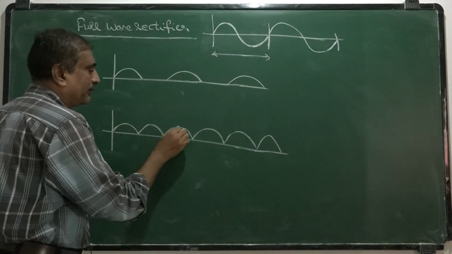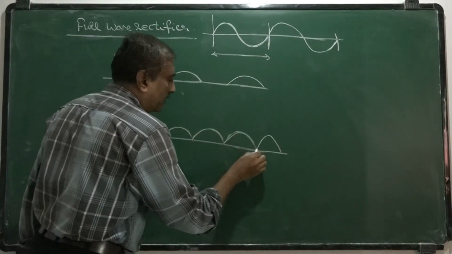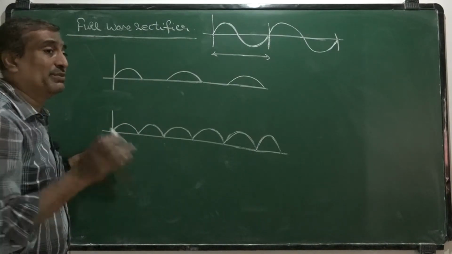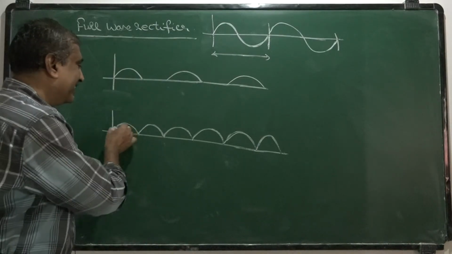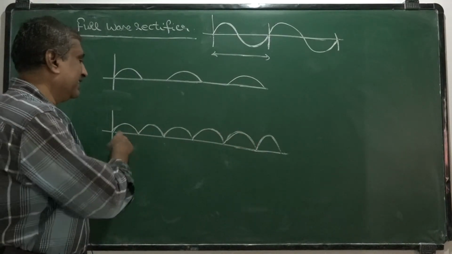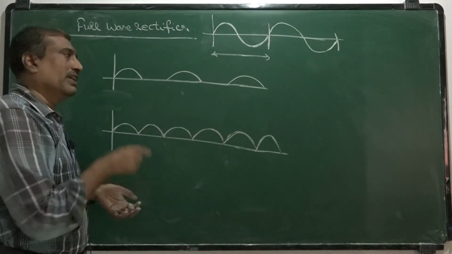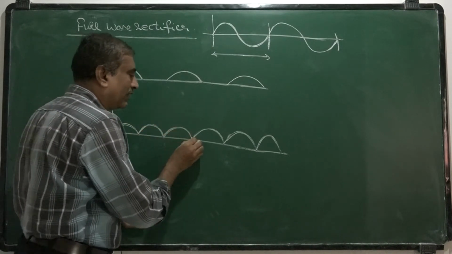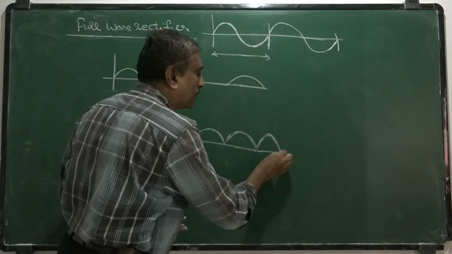So we can consider this as DC, because you may have a doubt that there are variations, the half cycles, in this rectified output, but these output values are only positive.